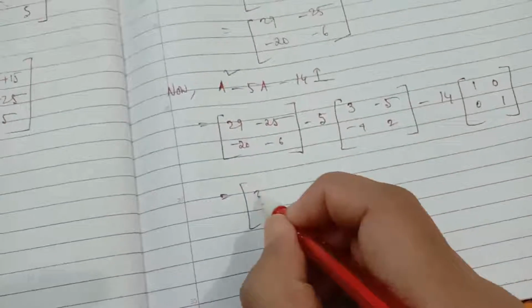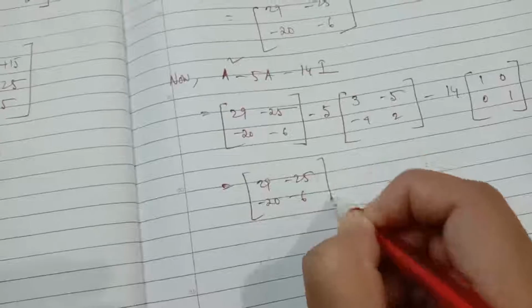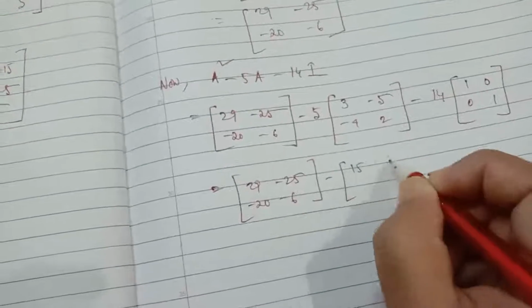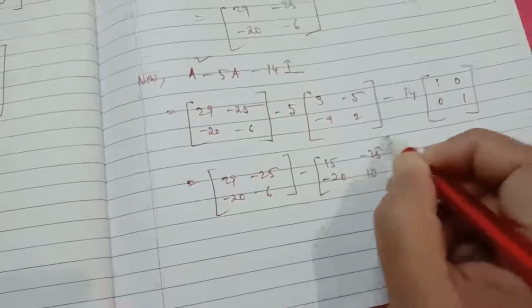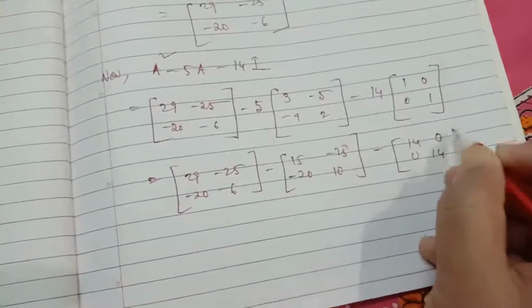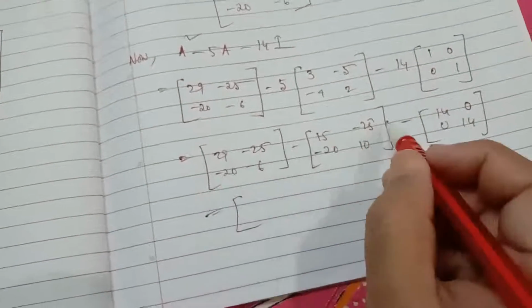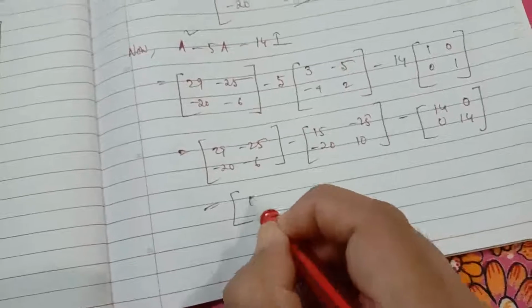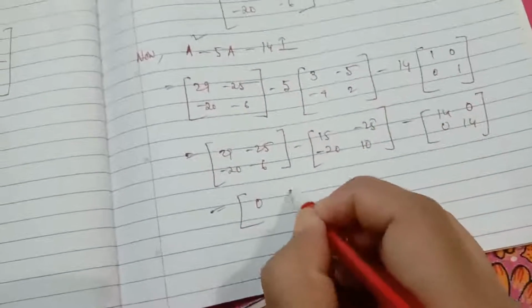Next, we have to simplify. This is 29 minus 25 minus 20 minus 6. This will be 15 minus 25 by scalar multiplication, minus 20 and 10, and minus this will be 49, 0, 0, 49. Now first element, you can see 29 minus 15 minus 49. Minus 25 plus 25, so 0.